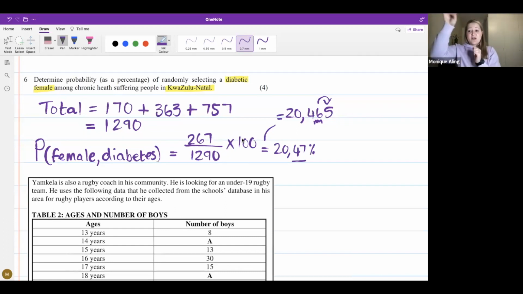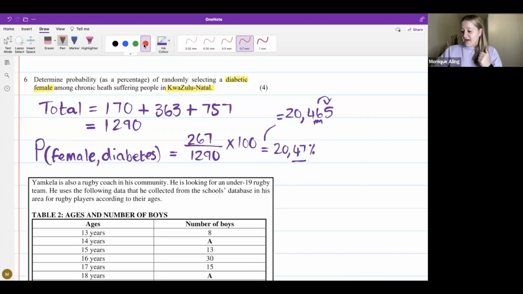That is what we are looking at, a diabetic female among all the people suffering from chronic health conditions in KwaZulu-Natal. They didn't say among all the people suffering with diabetes in KwaZulu-Natal. They said among all the health conditions. So I have to use all of the totals for asthma, for hypertension, and diabetes. That's what I did over here.